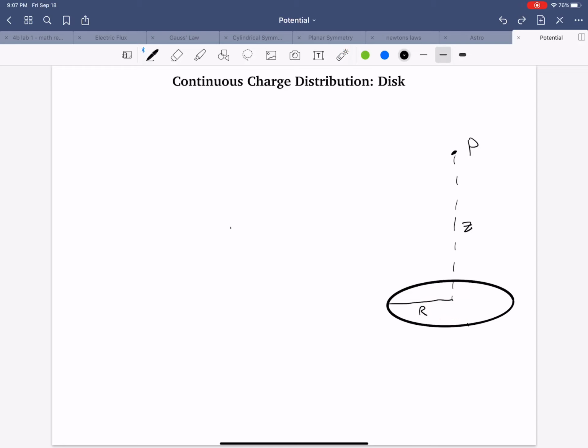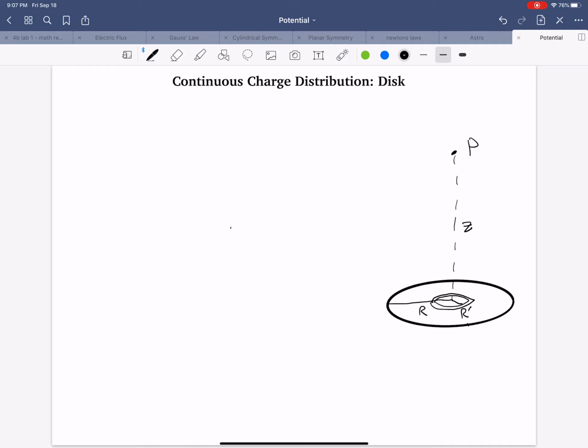So real quick, let me draw a hypothetical ring, and that is of radius, I'll call r prime. That's the radius of our differential rings.